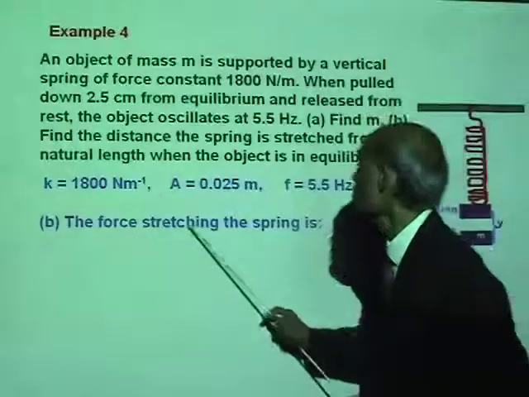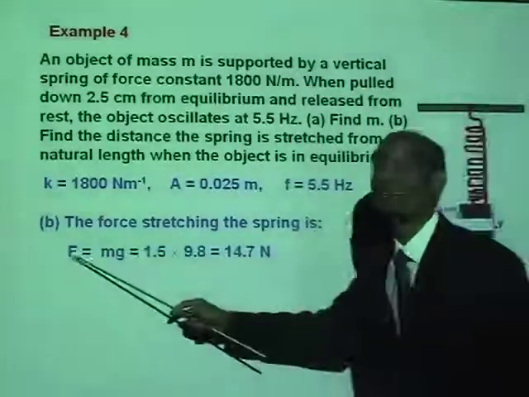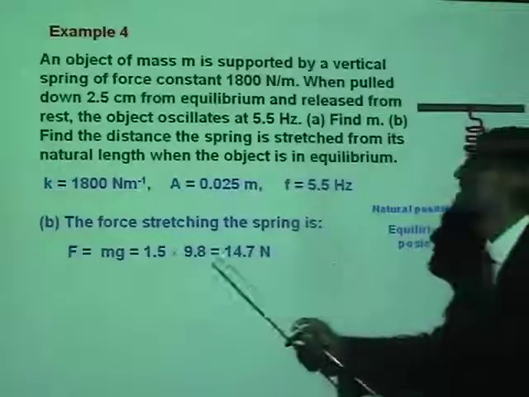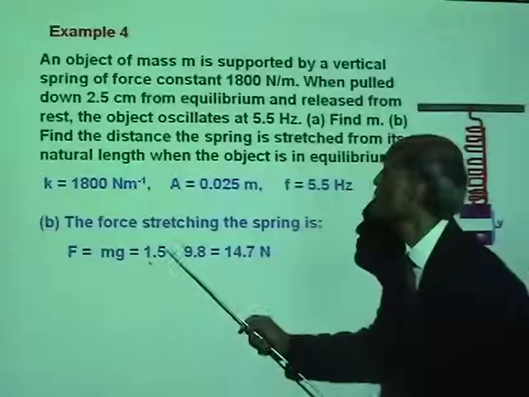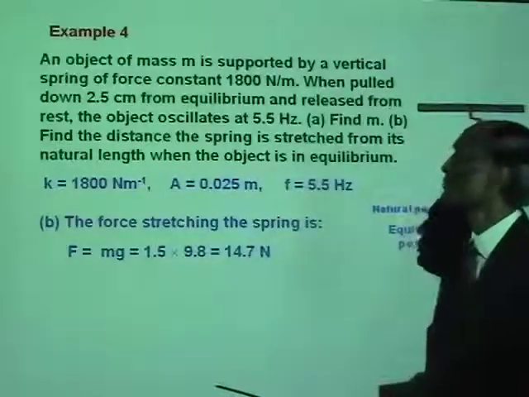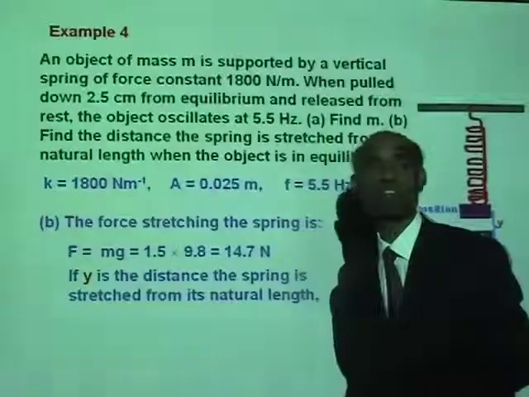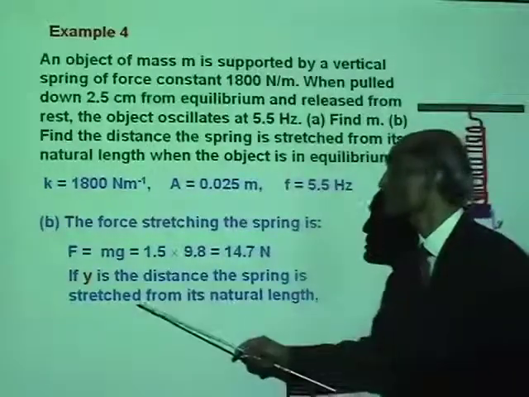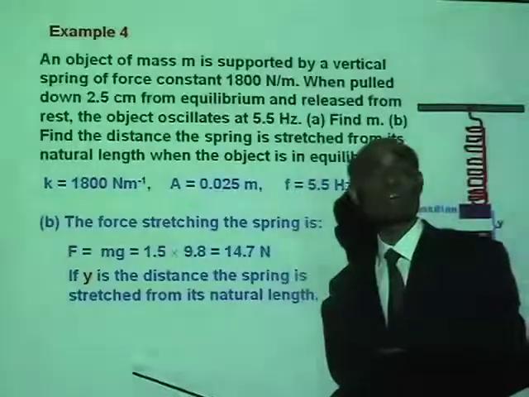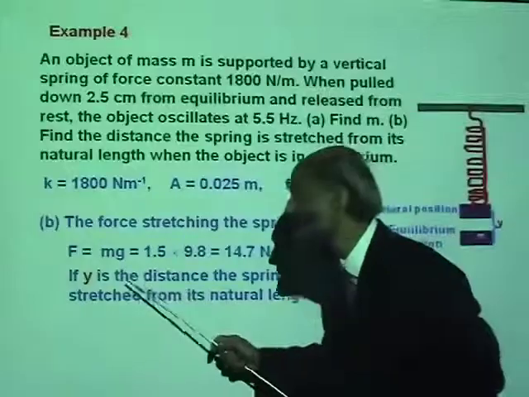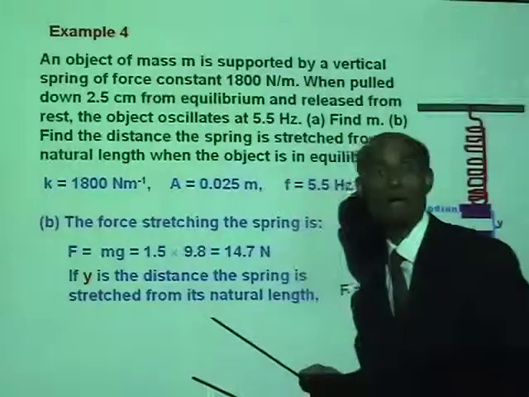The force stretching the spring is F equal to mg, the weight of this object. That will be, the mass is 1.5 kilogram times g, that gives you 14.7 Newton. If y is the distance the spring is stretched from the natural length, then this force must be equal to K times that y.